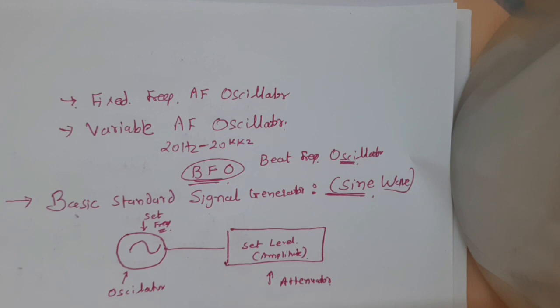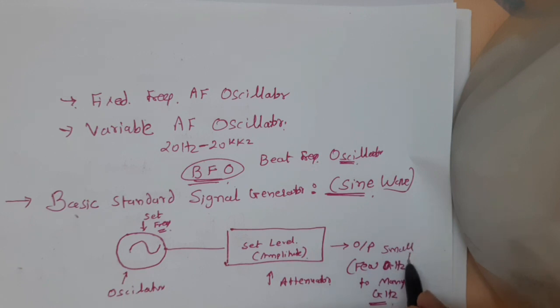So the sine wave generator represents the largest single category of signal generator. This instrument covers a frequency range from a few hertz to many gigahertz, and the output is from very small to large.